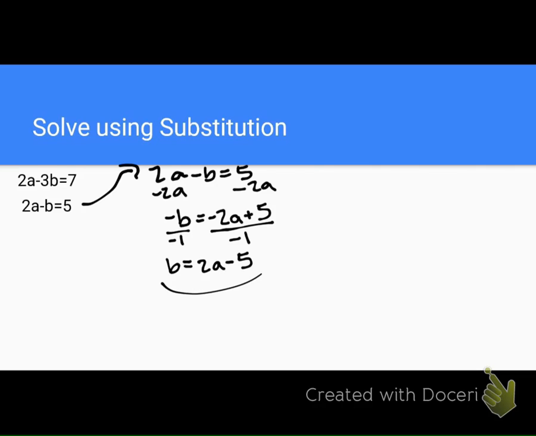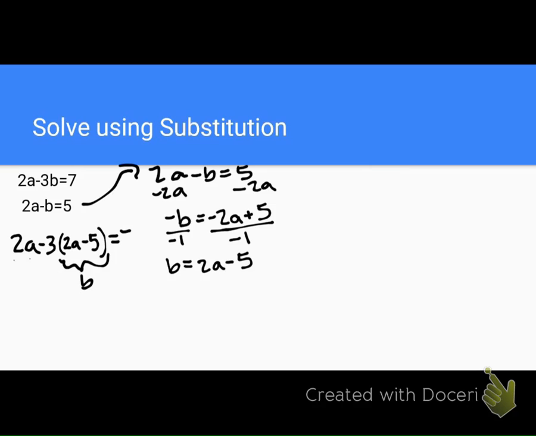Then I'm going to substitute this into the other equation for b. So I'll have 2a minus 3, and then instead of b, I'm going to put what I just solved for, so this would be 2a minus 5. This says 2a minus 3b, right?